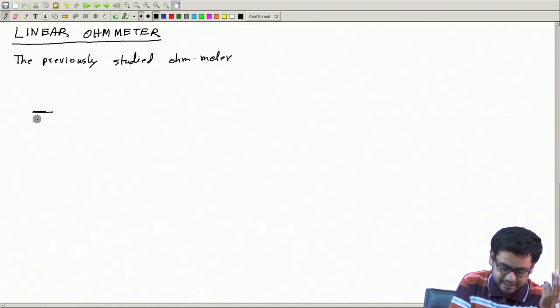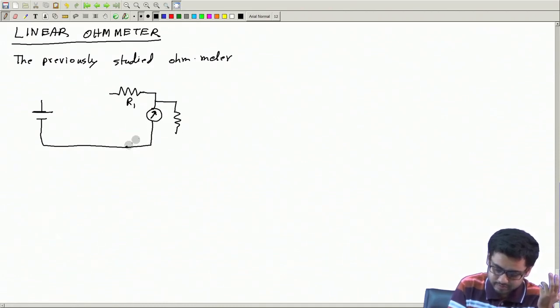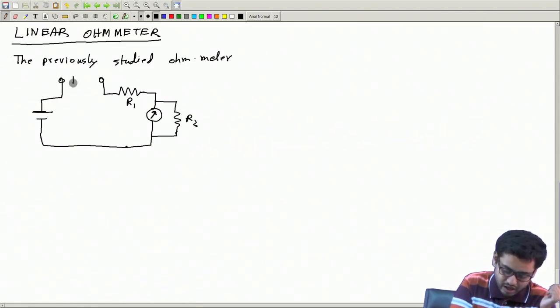It has a battery, in series with that we have a meter and some resistance. We can have a bypass resistance also, shunt R2, and here we can connect the external resistance Rx.